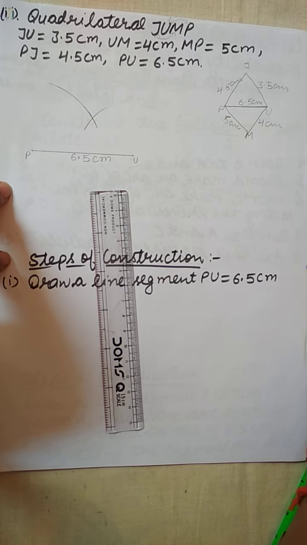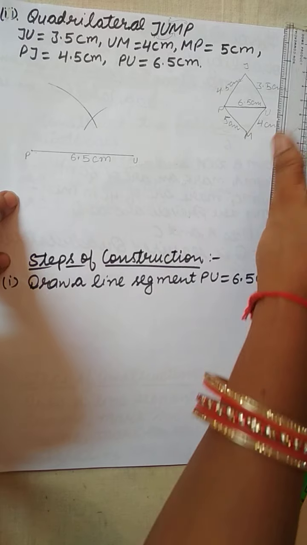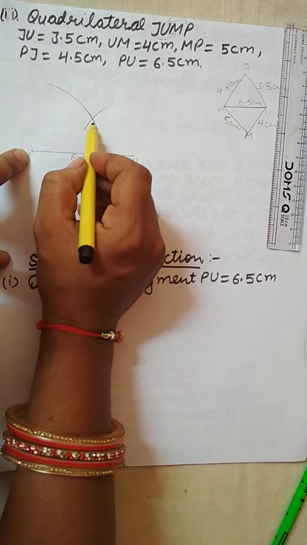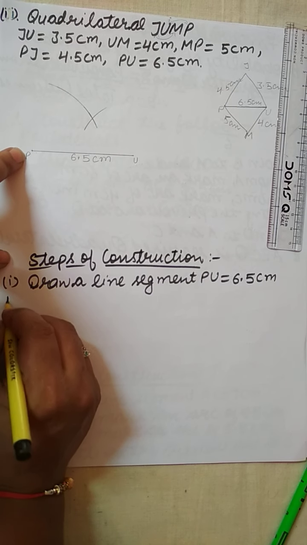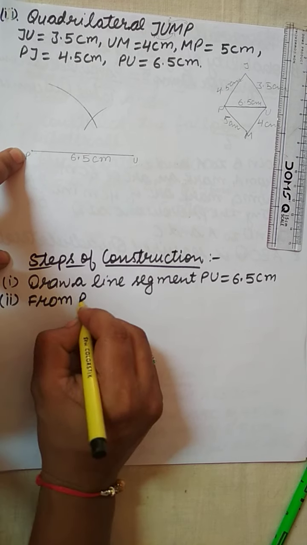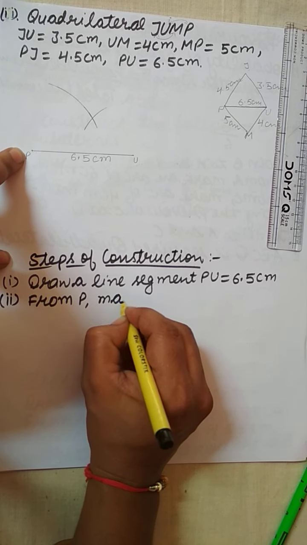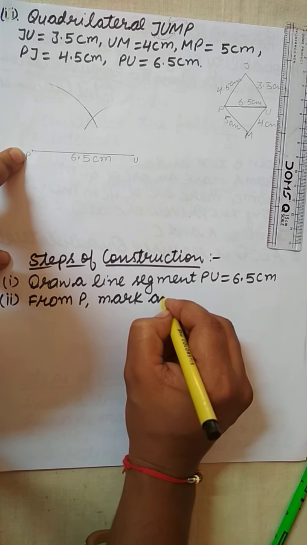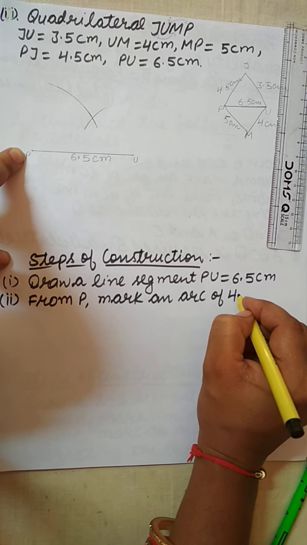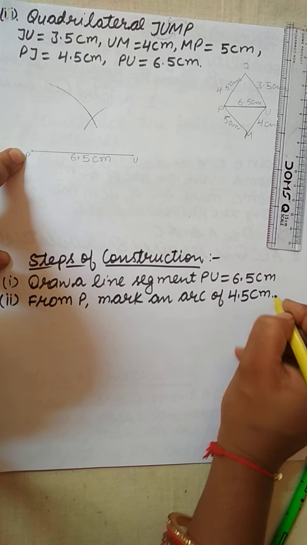Side by side we will write down the steps of construction. Firstly, I have marked the arc of 4.5 centimeter from P. So write down from P, mark an arc of 4.5 centimeter.